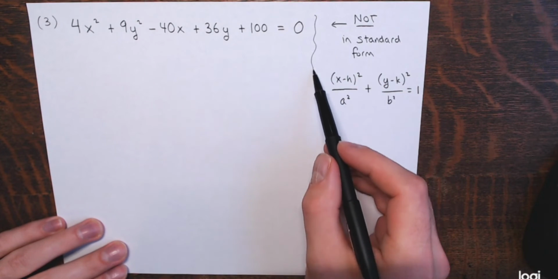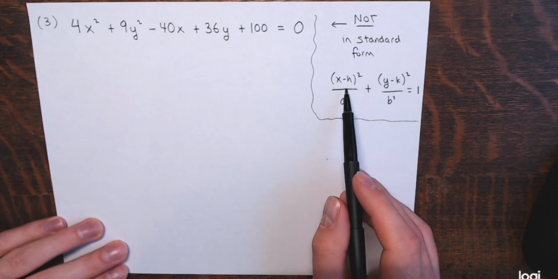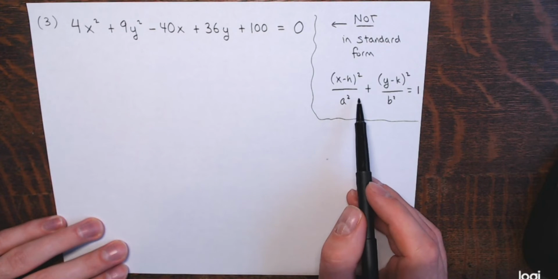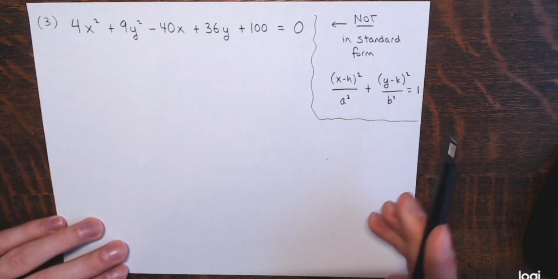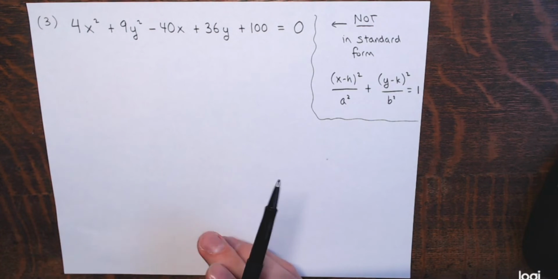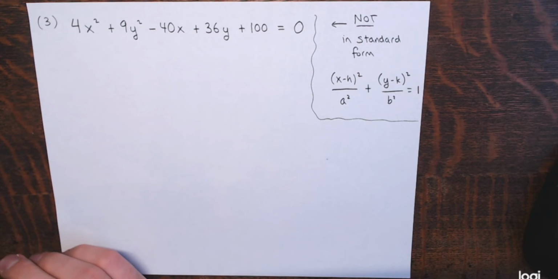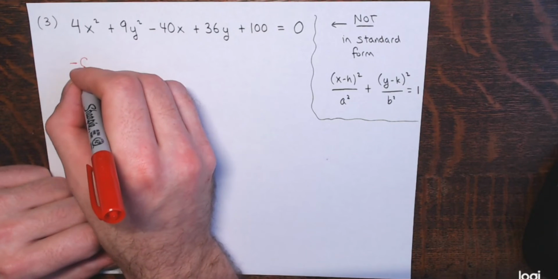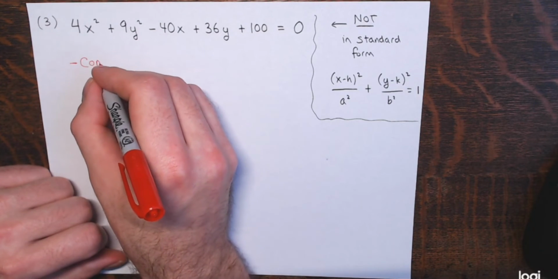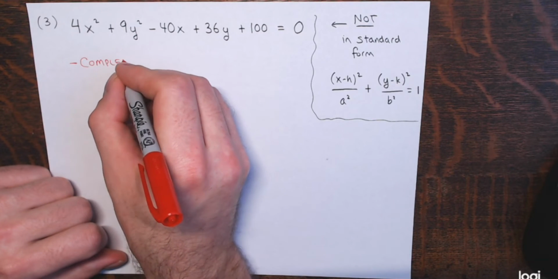So I'm trying to get some quantity with x squared over a squared or b squared plus some quantity with y squared over some number equals 1. Right? And that's the goal. And here's how we're going to do it. We're going to complete the square on the x terms and y terms.